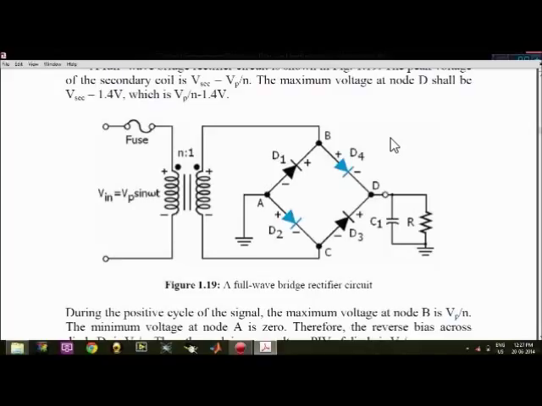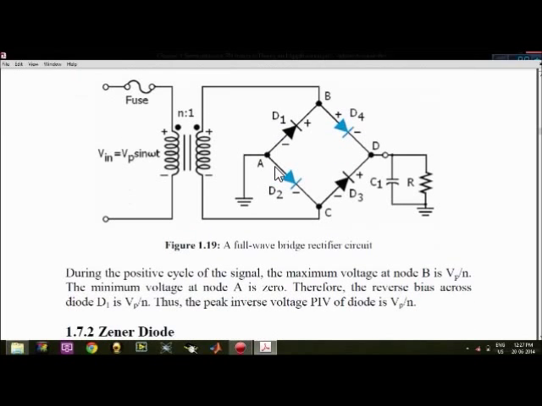Once again I repeat, during the positive cycle of the signal, the maximum voltage at node B is Vp by N, because the net peak is Vp and there is a ratio N to 1, and the minimum voltage at node A will be 0 as it is connected to the ground. Therefore the reverse bias voltage across D1 is Vp by N, and this diode in this case is reverse biased.